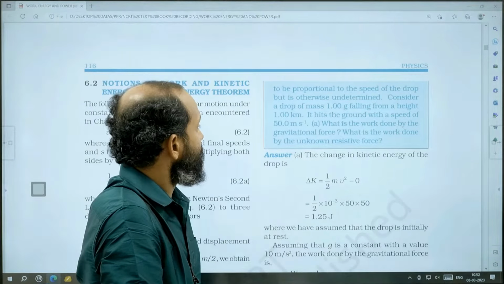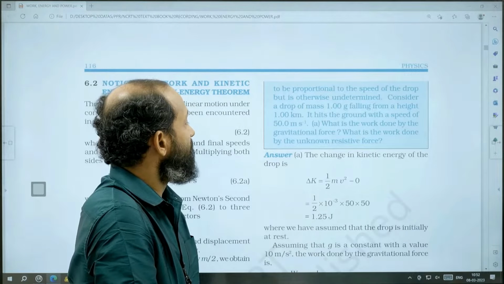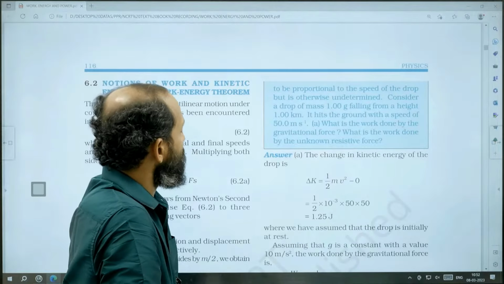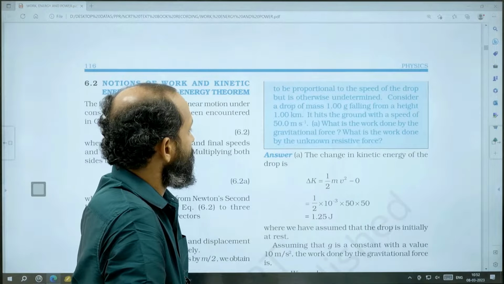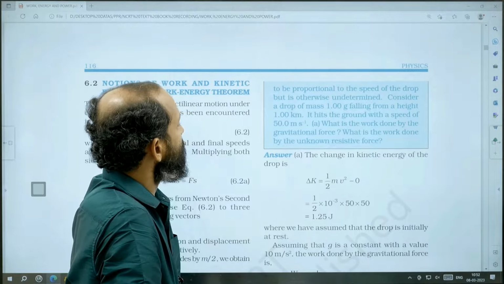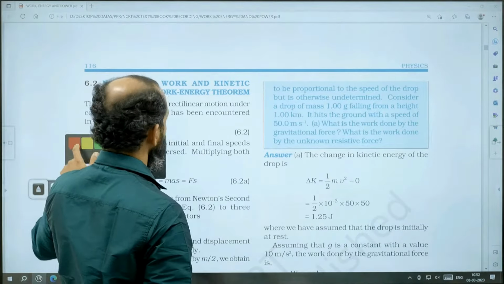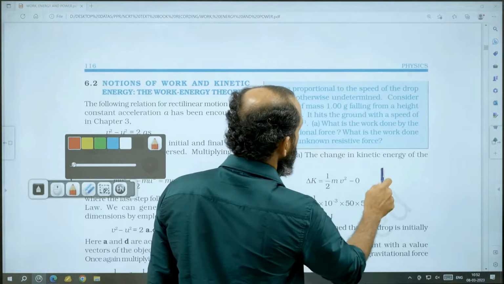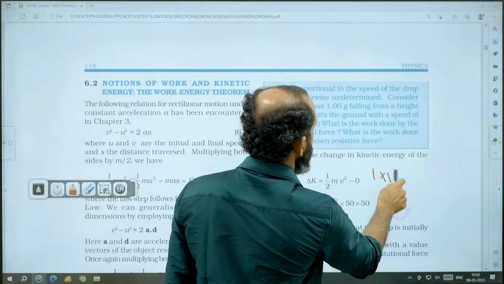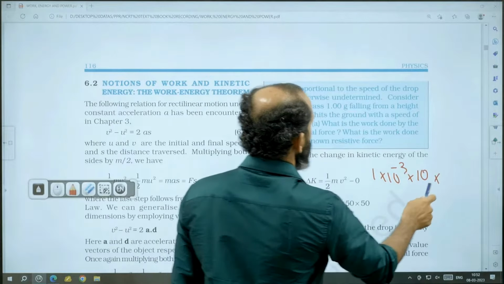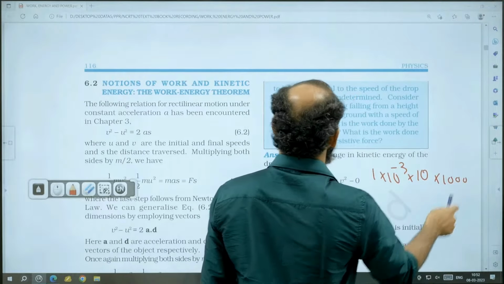See here. Work done by gravitational force is the change of potential energy. So that is mgh. What is mgh here? Mass of the body is 1 gram, so 1 into 10 power minus 3. g is taken as 10. h is 1 kilometer, which means 1000 meter.